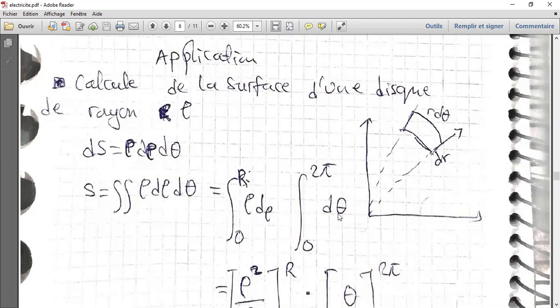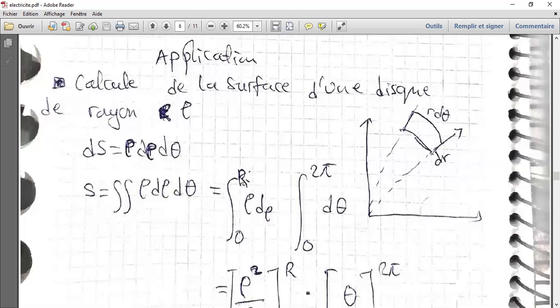Then the movement of theta can be from 0 to 2 pi, which is the 360 degrees. Here 0 is the initial point of the radius, and the final value could be infinity, or maybe a really big number, maybe from 5 to 10.